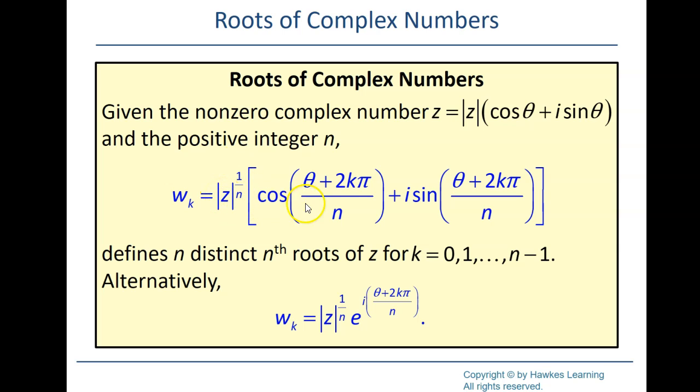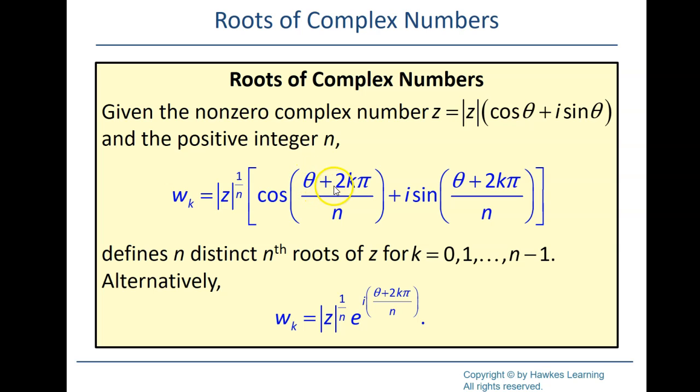All right, and now this is the part that's a little bit different. We are dividing by n, but it also has this little piece to it, and this is using the fact that if I start at an angle and I add 2 pi, and k is some counting like 0, 1, 2, 3 up to n minus 1, n of these roots.